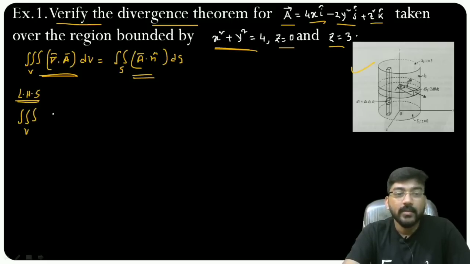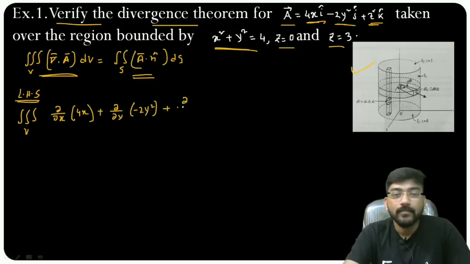So divergence A means del x of ax, del y of ay, and del z of az. This is the component ax, this is component ay, and this is component az. So you will have del x of 4x, plus del y of minus 2y square, plus del z of z square, and we have to integrate this function on dx dy dz.